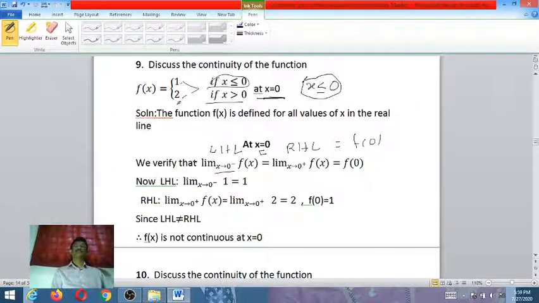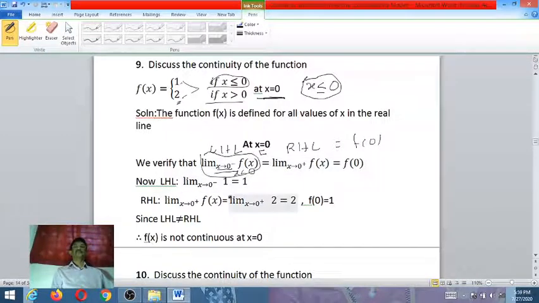Now let us take the left hand limit. What is the left hand limit here? The limit of f of x as x tends to 0 minus. What do you mean by x tends to 0 minus? x tends to 0 minus means x is less than 0.